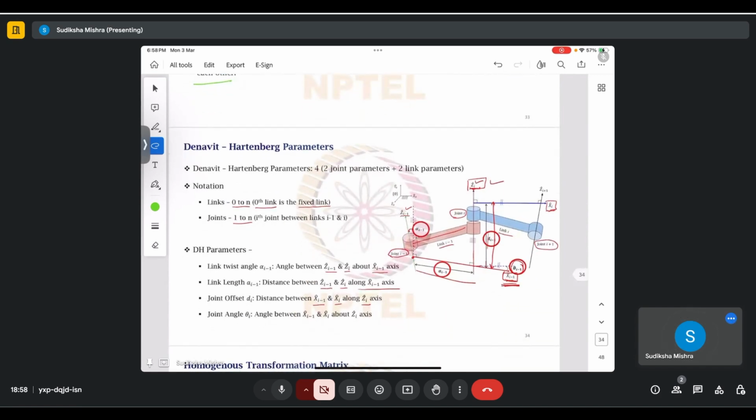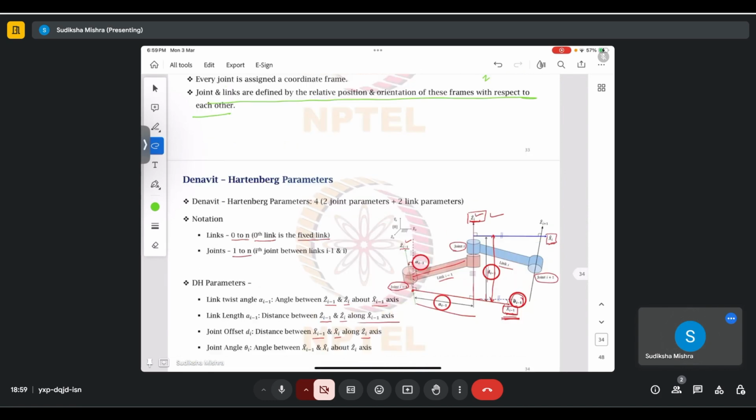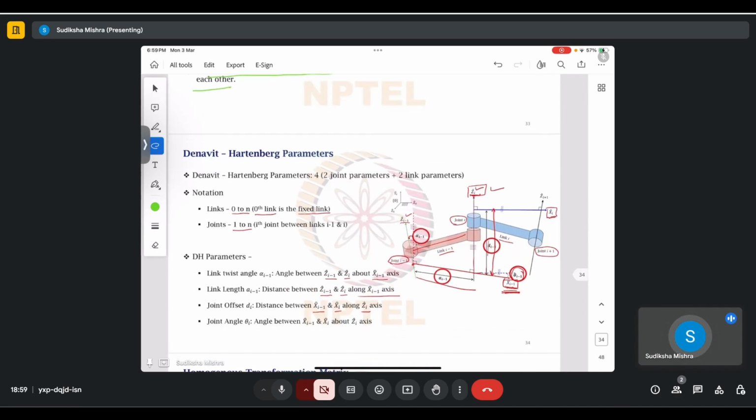To simplify this problem, there is a method called the Denavit-Hartenberg parameters. These people found a way to simplify such a problem using 4 parameters, and these 4 parameters are called Denavit-Hartenberg parameters. These 4 parameters consist of 2 joint parameters and 2 link parameters.